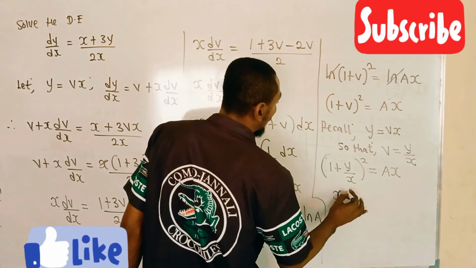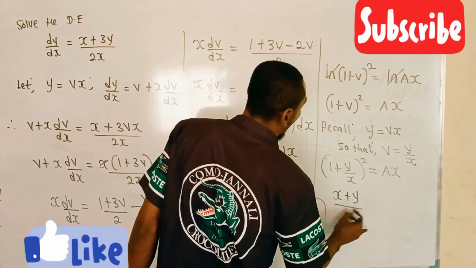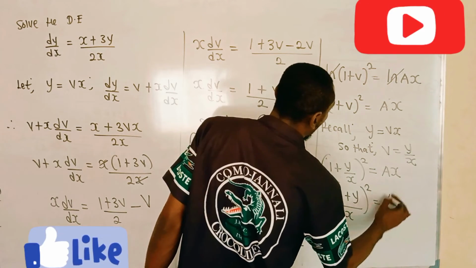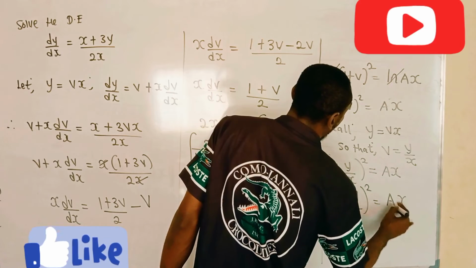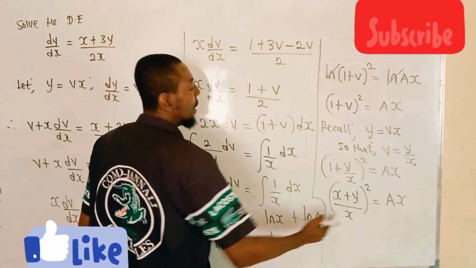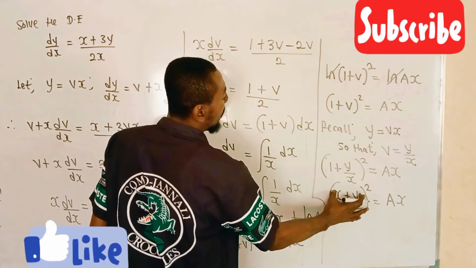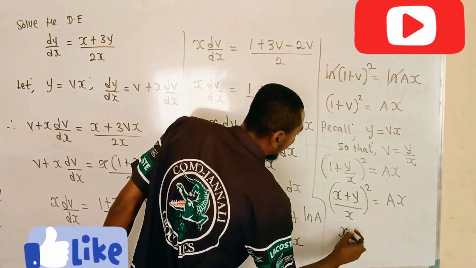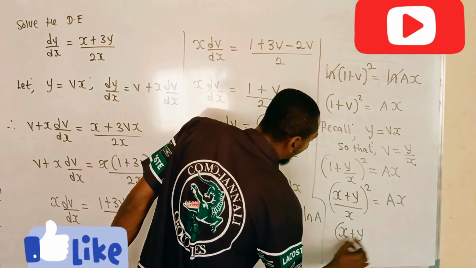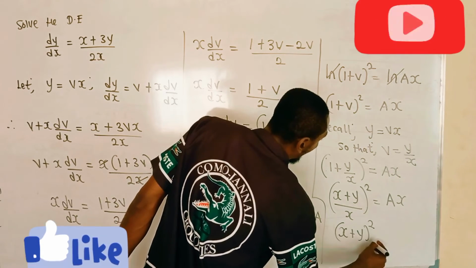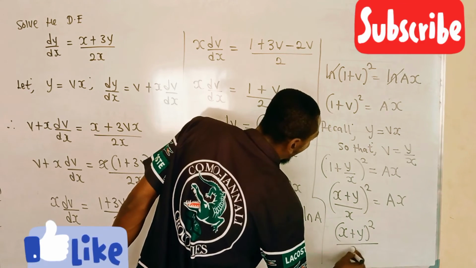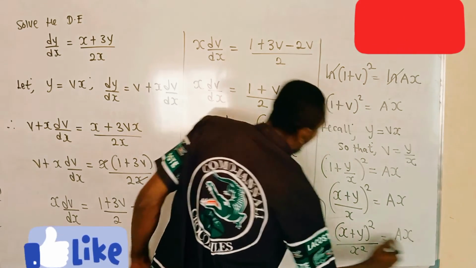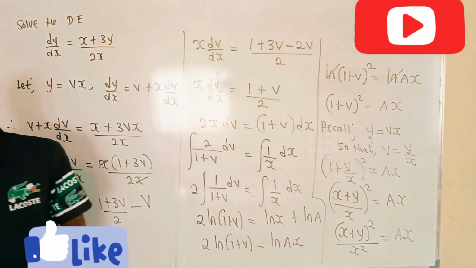We have x plus y all over x, all squared, is equal to ax. So the power here is affecting both the numerator and the denominator, of which we're going to have x plus y all squared, all over x squared, is equal to ax.